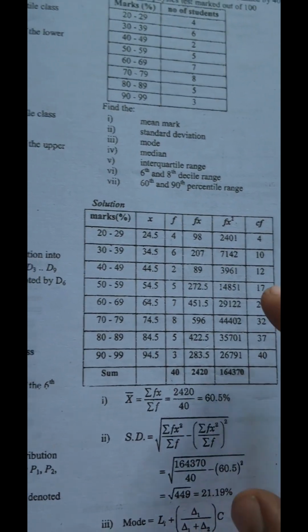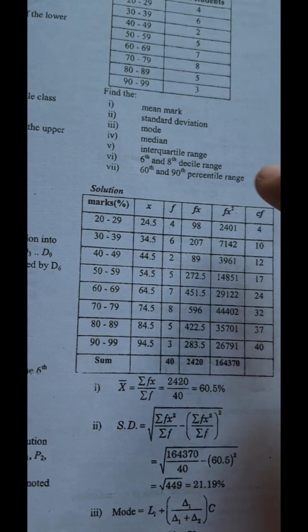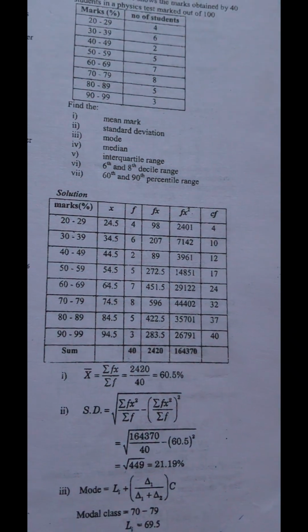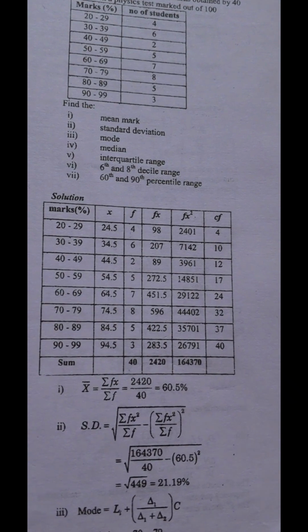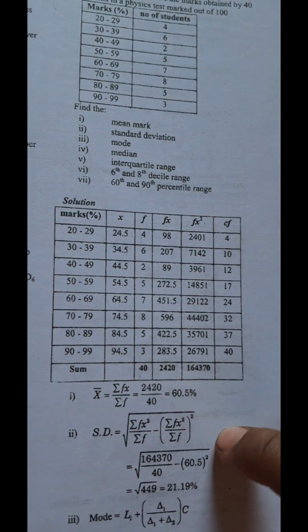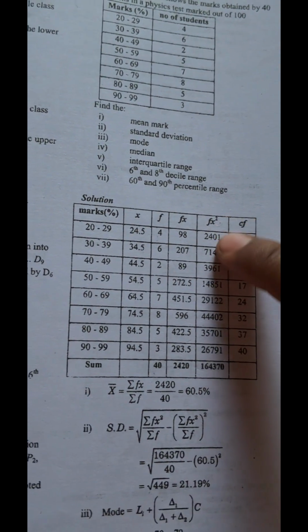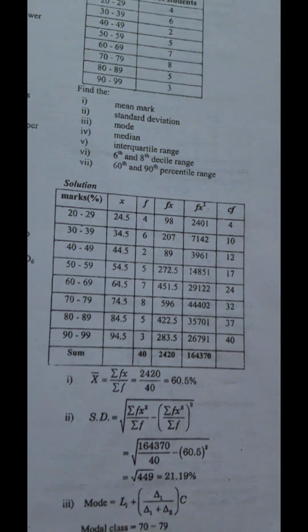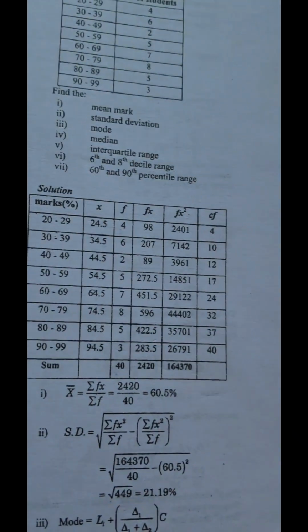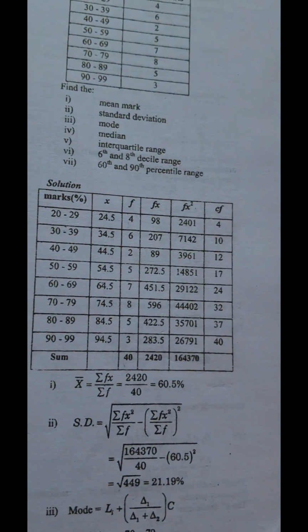But now you can use a calc without going through all these calculations. Without going through these calculations, adding several things, you can even make mistakes. But if you know how to use a calculator to find this, it is better. So I'm going to show you how you do it.